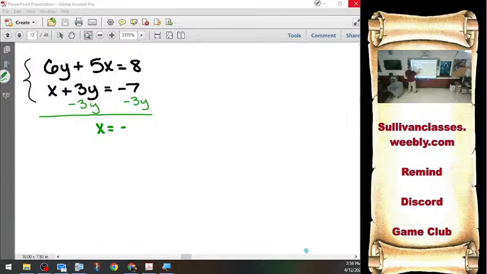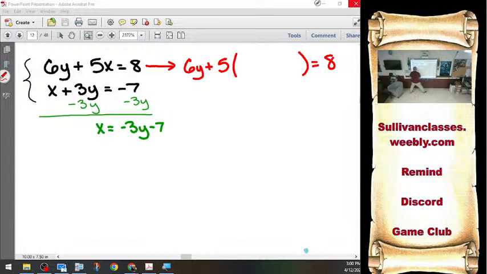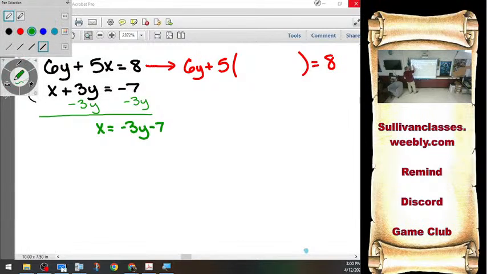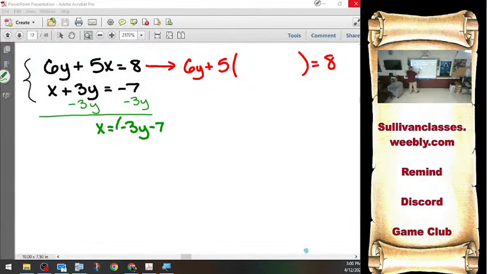So x is -3y minus 7. 6y plus 5x's is 8. We just said x is this stuff. So replace x with that stuff.